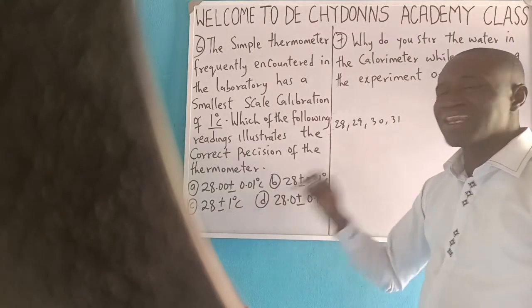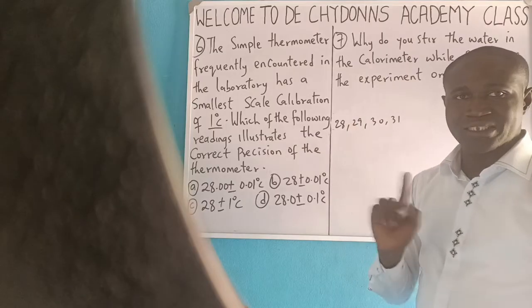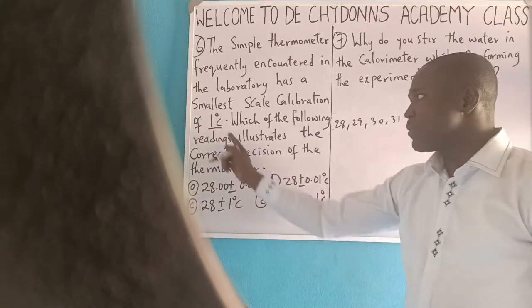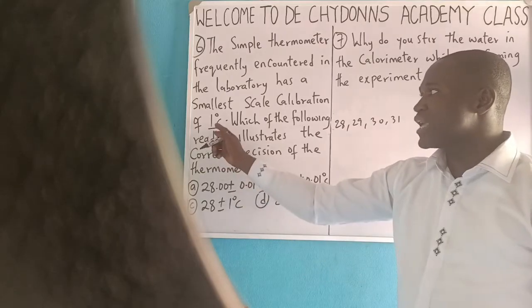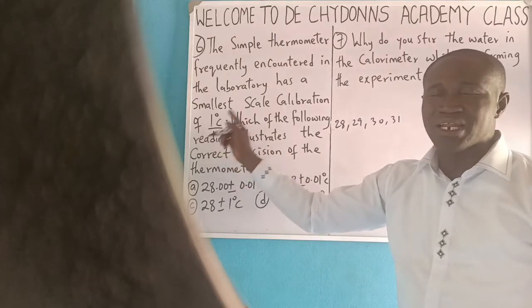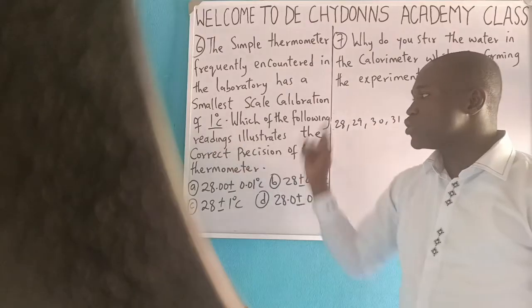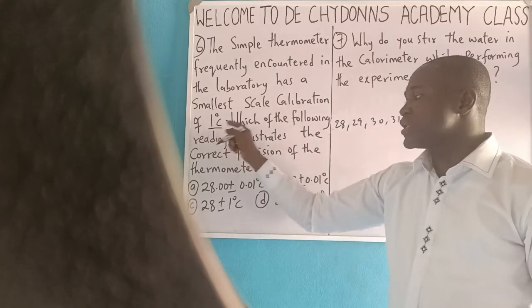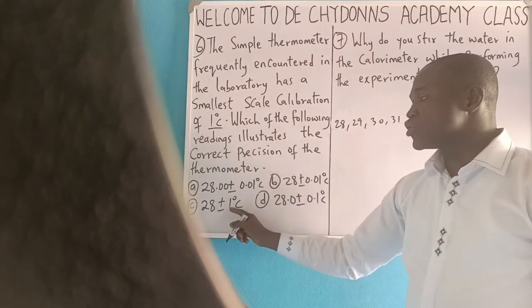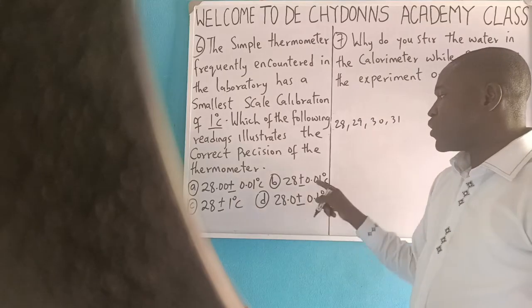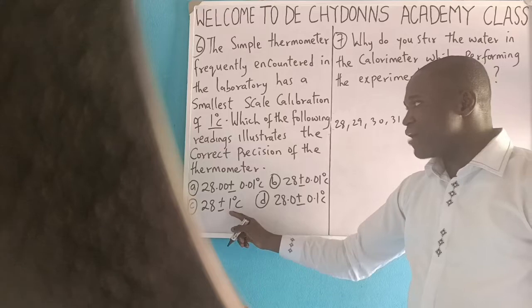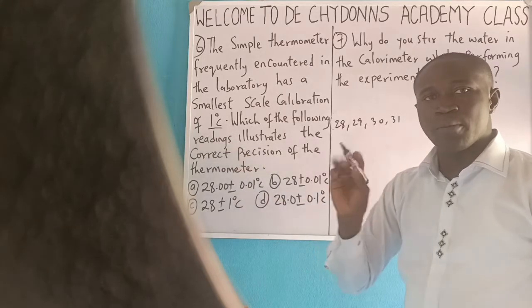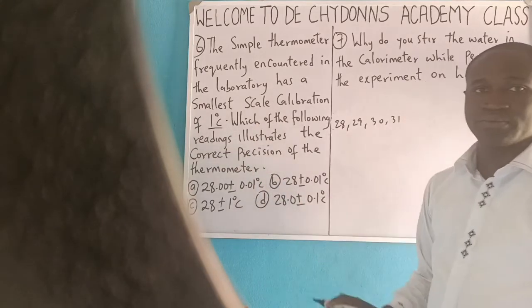It goes by the nearest whole number, no decimal, because the smallest reading you can get is 1 degree Celsius. If they say 2 degrees, it means 28 plus or minus 2 degrees Celsius. You only have nearest whole number readings here.